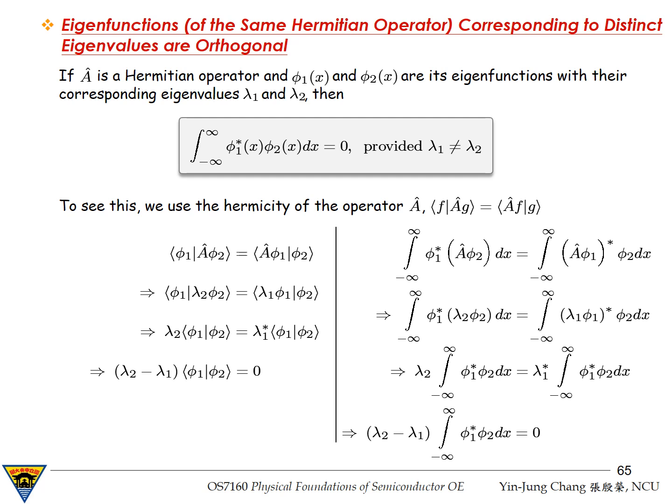If the eigenvalues are distinct, meaning lambda 1 is not equal to lambda 2, then the factor lambda 2 minus lambda 1 is not 0. Therefore, the only way the equation can hold is that the inner product of phi 1 with phi 2 must be 0. And that is precisely the definition of orthogonality.